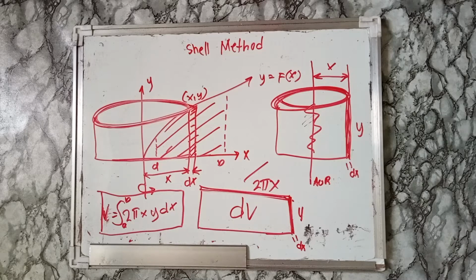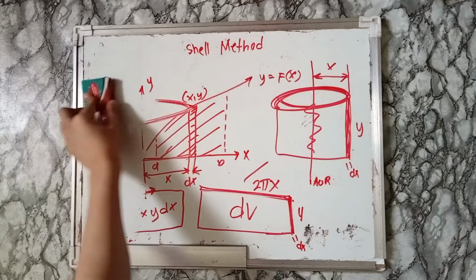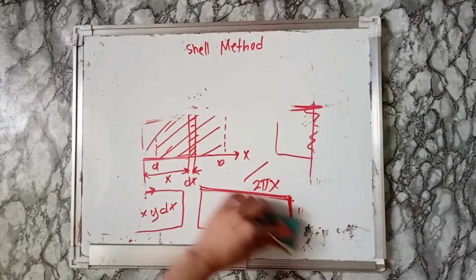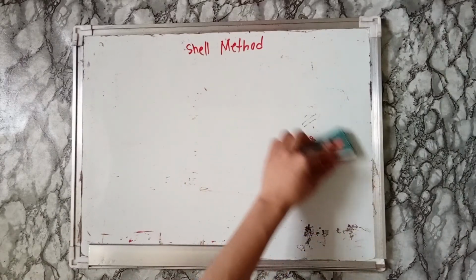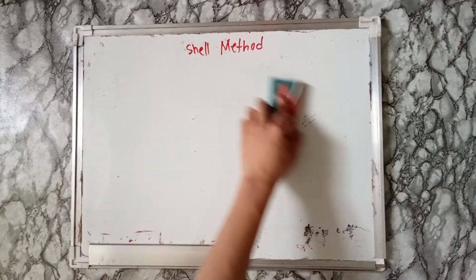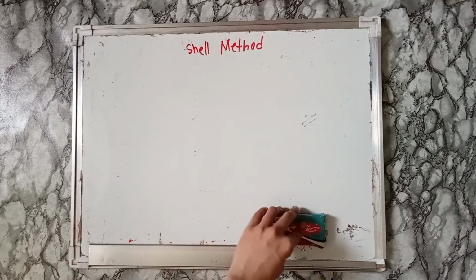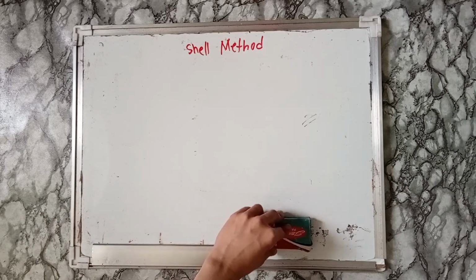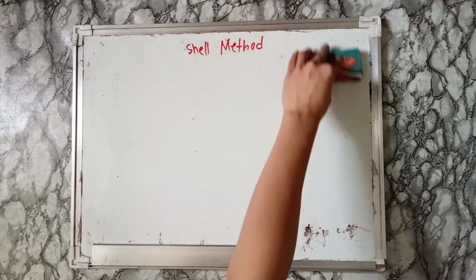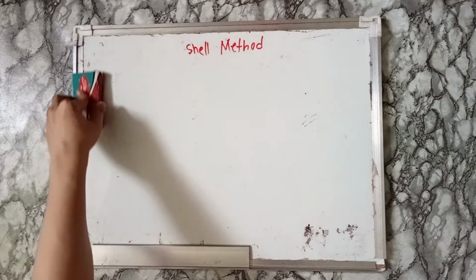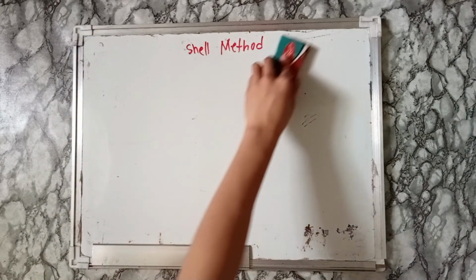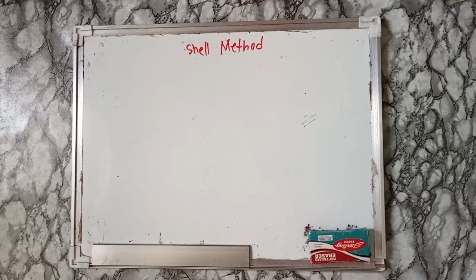Now let me give you an example. In shell method and in washer method, I will give you just one example. This is just a basic example. So I hope that you understand how to plot the graph and what the concept of these methods is.